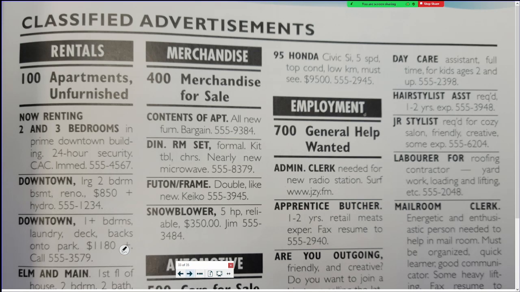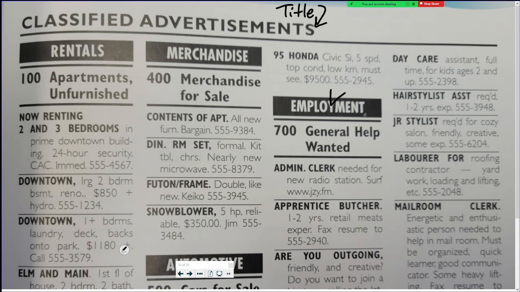So as you see, when people write classified ads, they don't use the full description or the full word. They use a lot of short forms. We see there's a title.